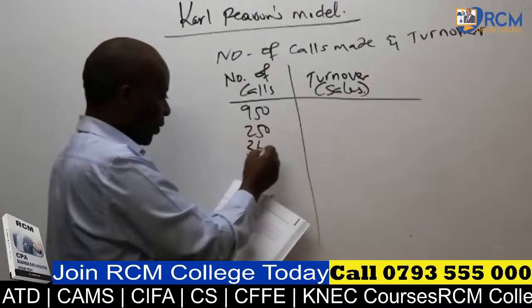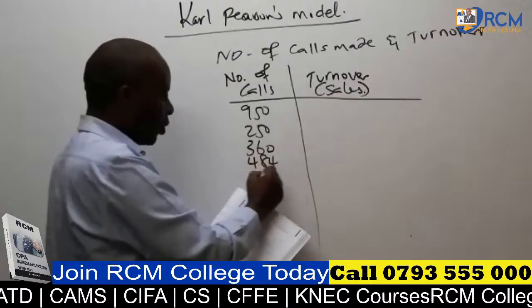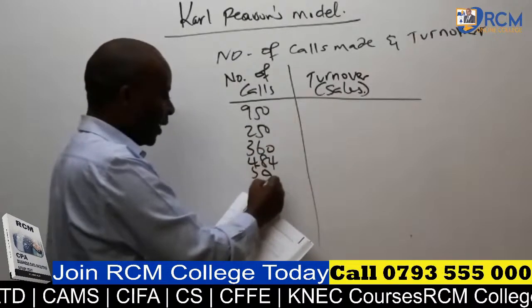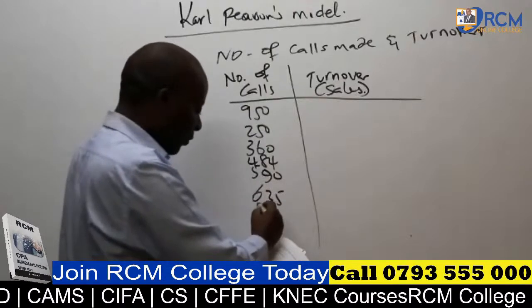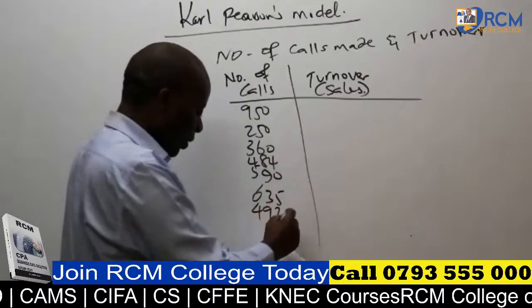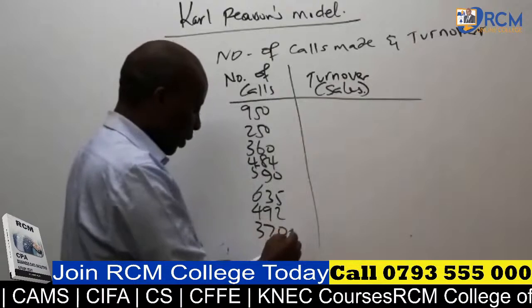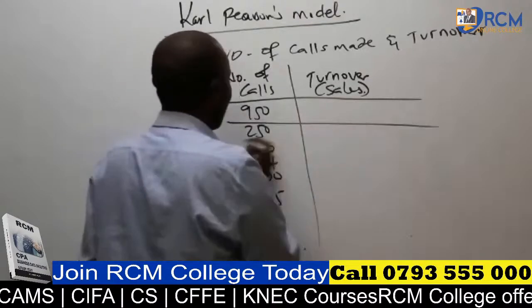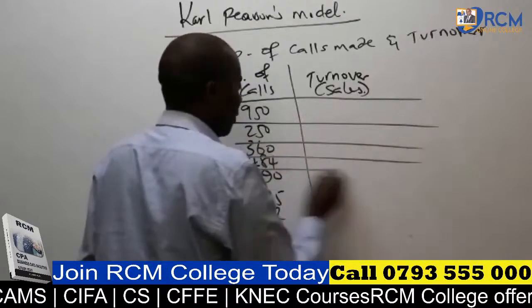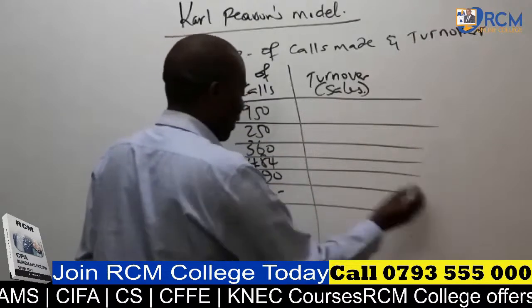Here we have 360. Here we have 484. Here we have got 590. Here we have got, ladies and gentlemen, 635. Here we have got 492. Here we have got 370. And then 415. So, ladies and gentlemen, if that is the case, this is what we need to do very first.